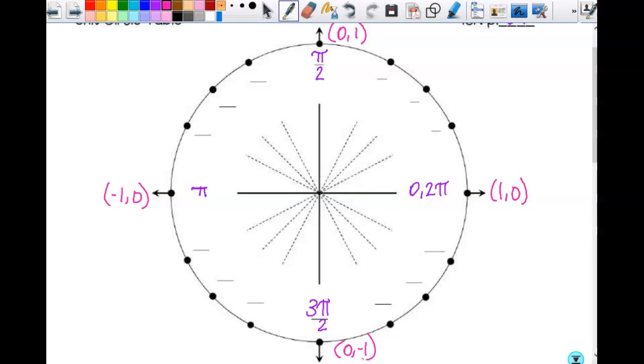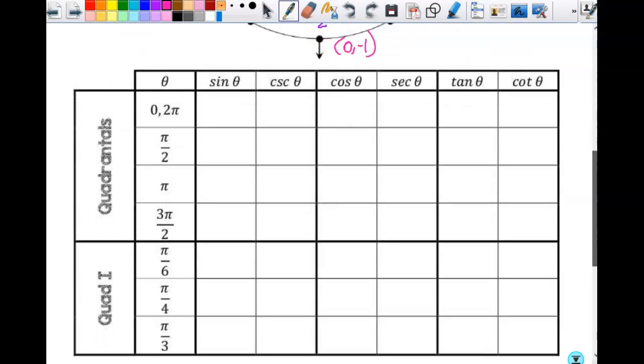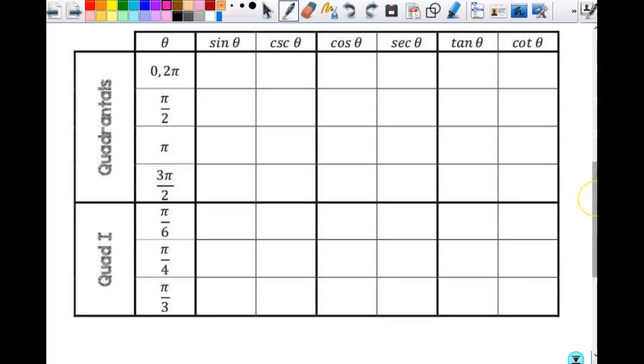Okay? Please, please. All right, so now let's look down at this little chart here. And so I have this split up by your quadrantals up here and then the quadrant 1 down here. And then instead of it going sine, cosine, tangent, it's sine and its reciprocal, cosine, reciprocal, tangent, reciprocal. So our sine for 0 or 2 pi is what?